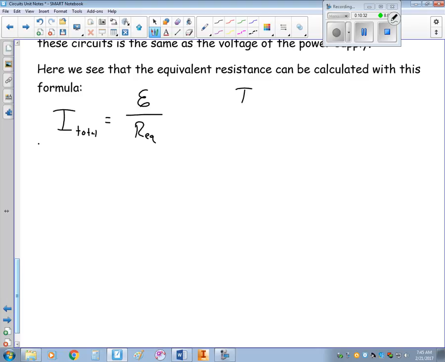So, since I had total current equaling I1 plus I2, I'd have my EMF divided by the equivalent resistance equals that delta V over R1 plus delta V over R2. And again, this is the important part. EMF and these delta V's are the same value, so they go away.